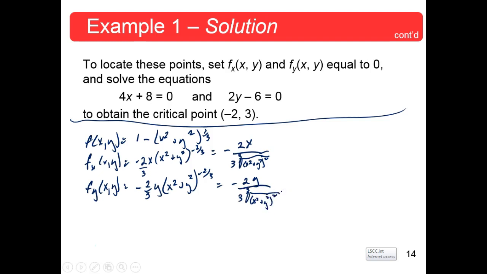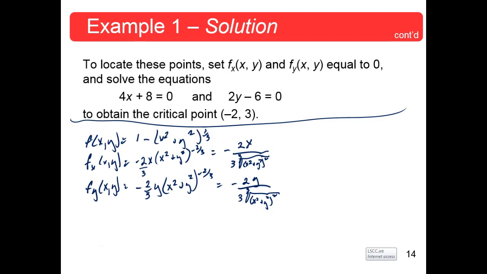Okay. Now my question to you is, what are the points that we're interested in evaluating? What are your critical points? Anyone? And this really comes up with a strange situation.